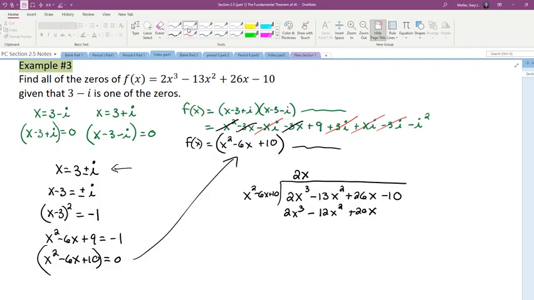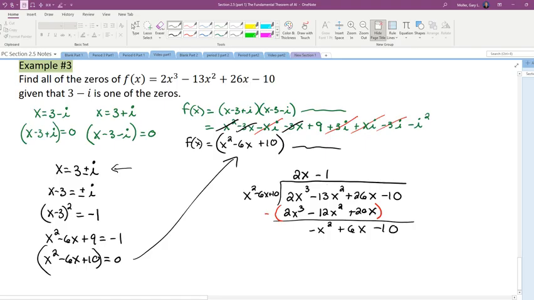I now need to subtract all of this, so I need to distribute that negative, which cancels out, which turns into negative x squared, which turns into 6x minus 10. And so I take a look, and I need to multiply by negative 1, and that'll turn that into negative x squared, positive 6x, minus 10. And I can see that now when I subtract these, I get 0.